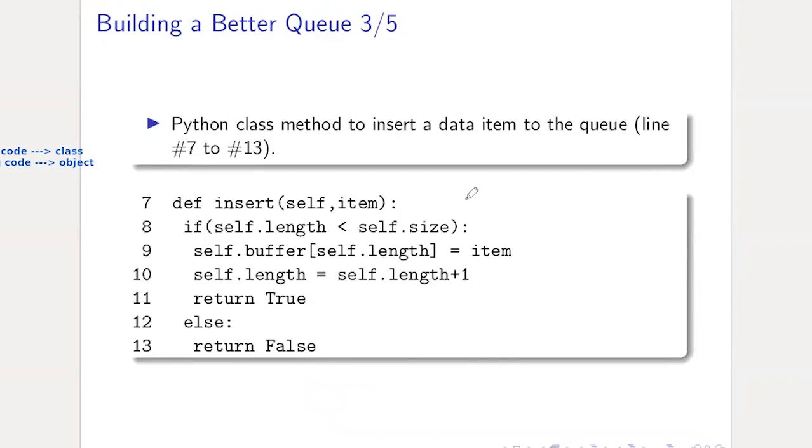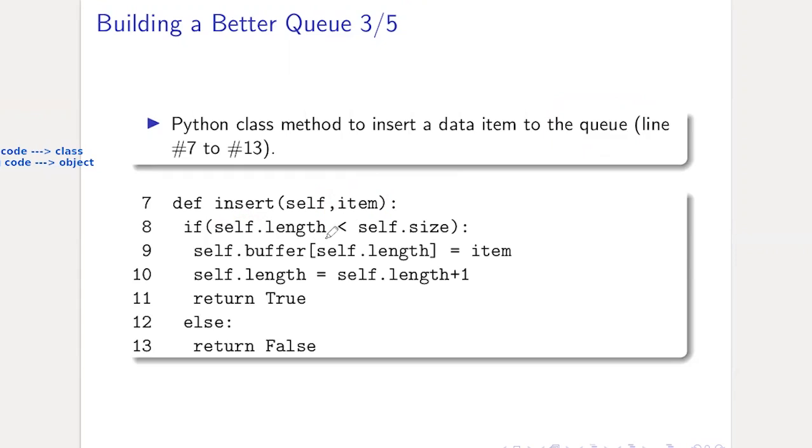I will now define a method, a function for the queue to enter an item. So it is called insert. I have to pass an item to be inserted when I perform the insert operation.